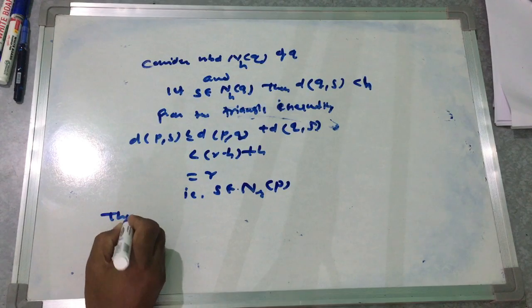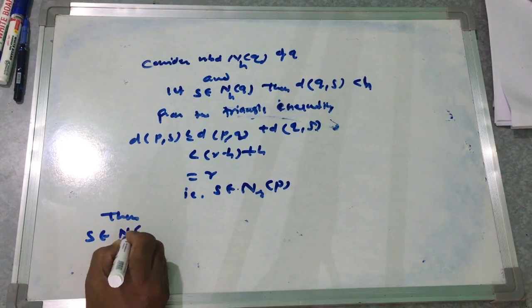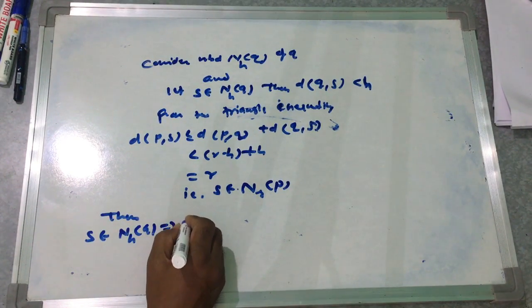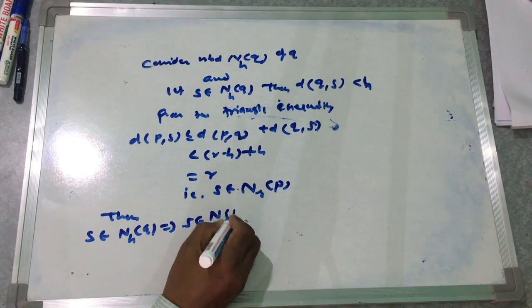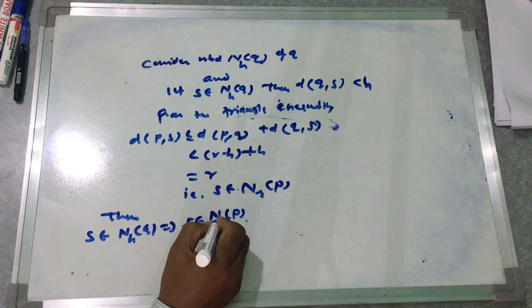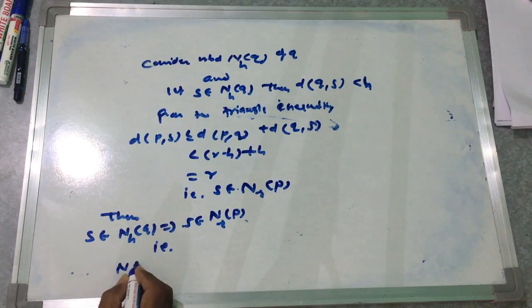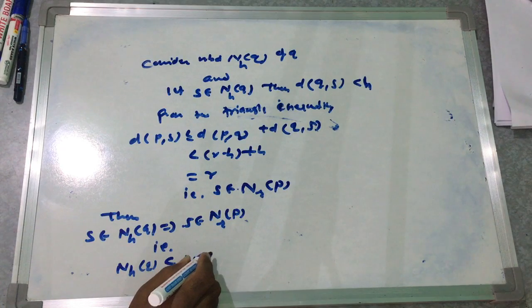So thus s belongs to N_h(q) implies s belongs to N_r(p), that is N_h(q) is a subset of N_r(p).